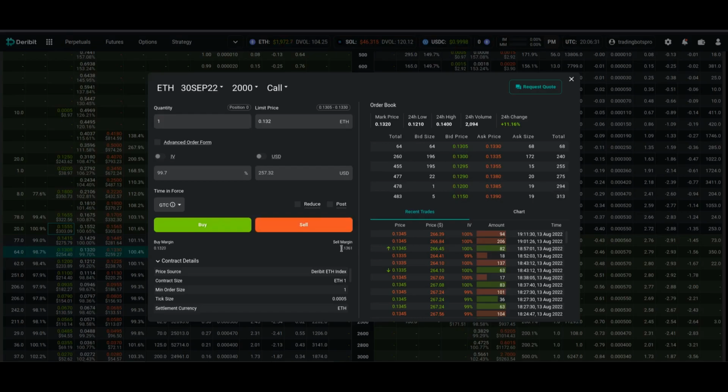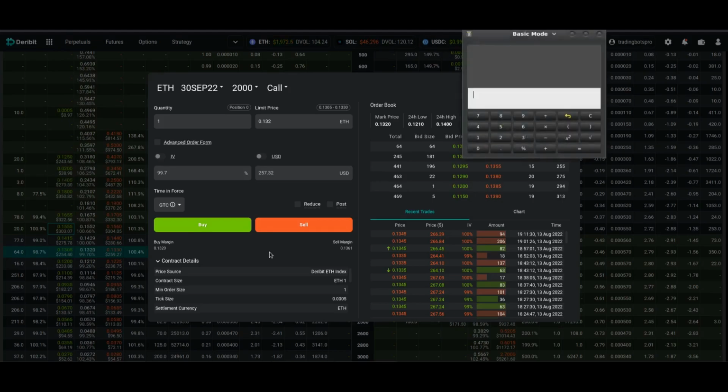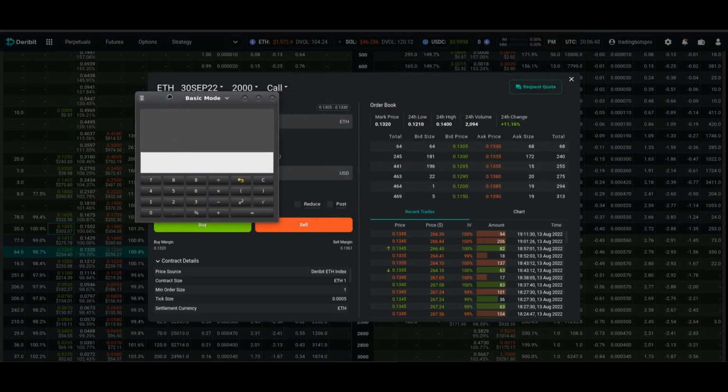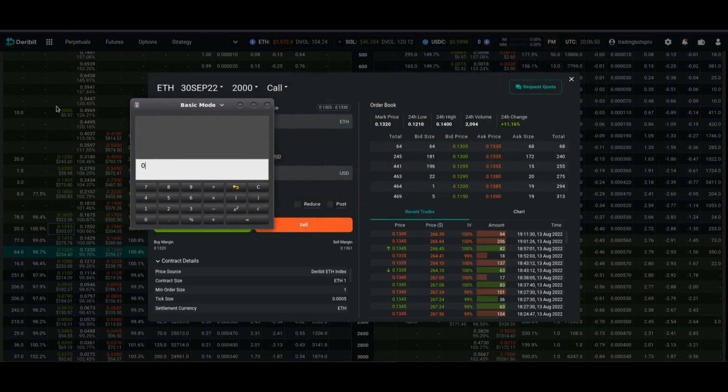The margin without any PM account is 0.13 of Ethereum, so we have to multiply it by the current market price to get the USDT value. So like this.